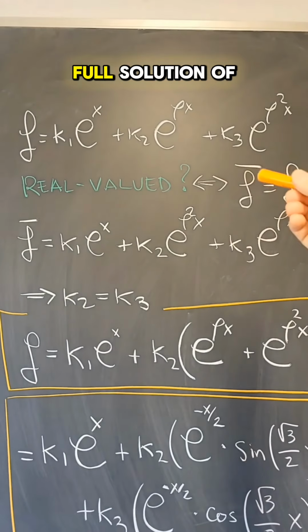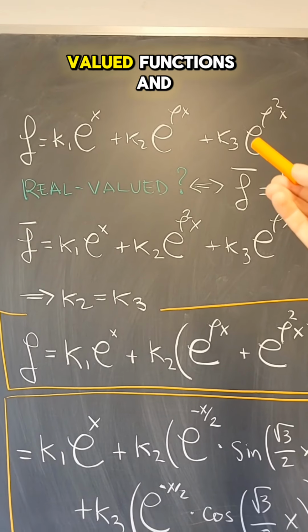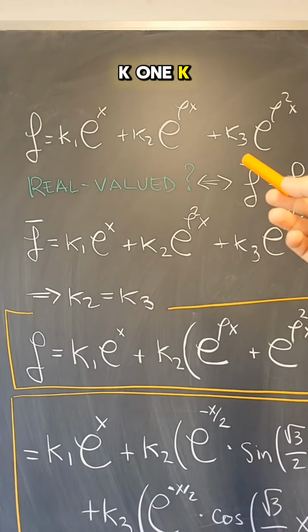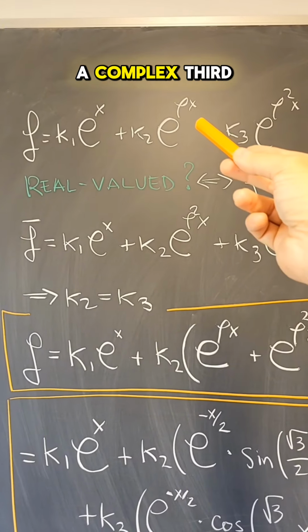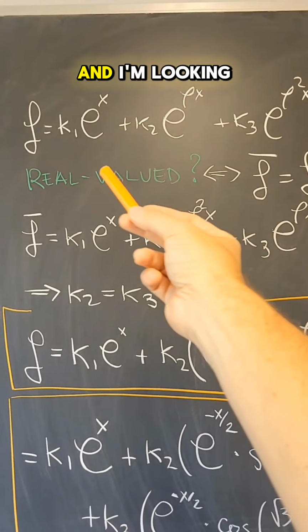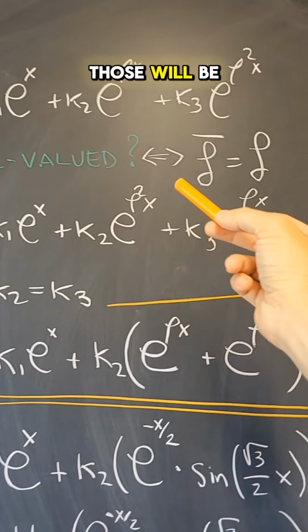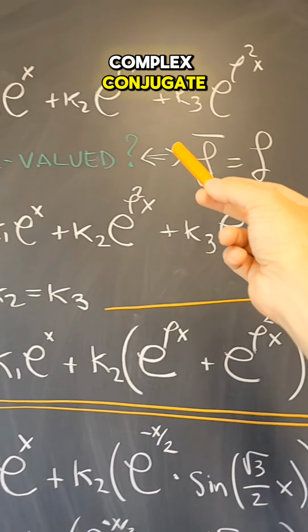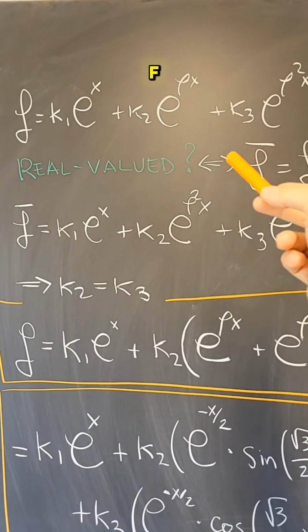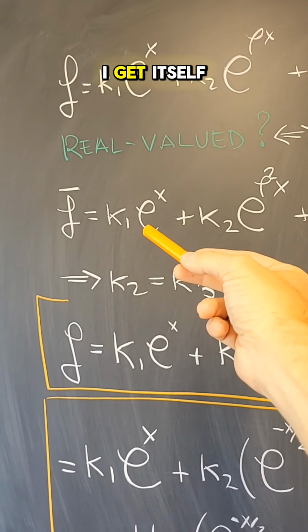This is my full solution of my differential equation in terms of some complex valued functions and constants k1, k2, k3, and rho here is a complex third root of unity. And I'm looking for those in this family that are real valued. Those will be the functions that are their own complex conjugate, so I have to take the complex conjugate of f. This is a real valued function, so when I take the complex conjugate, I get itself.